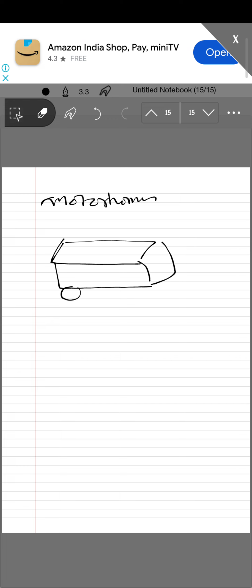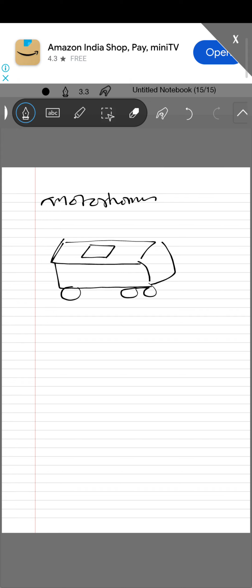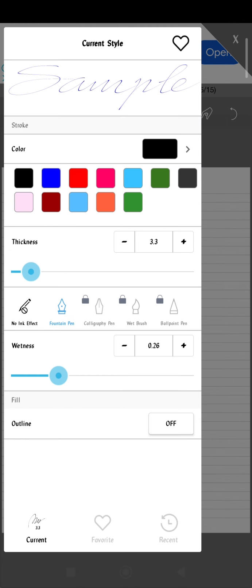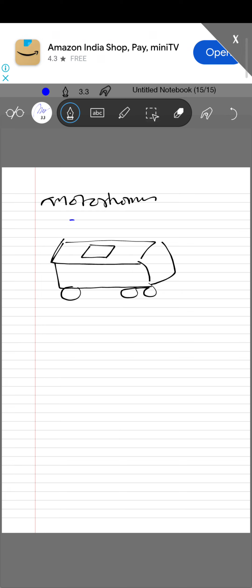So how does the car look? Here at the top, on the rooftop, a solar panel is placed.